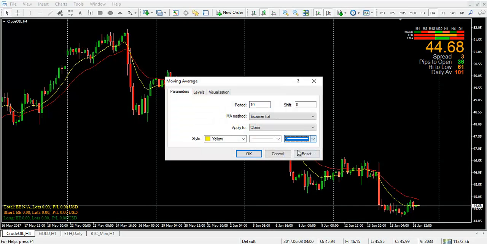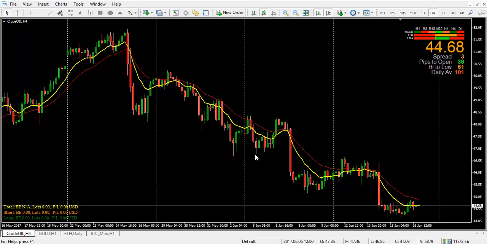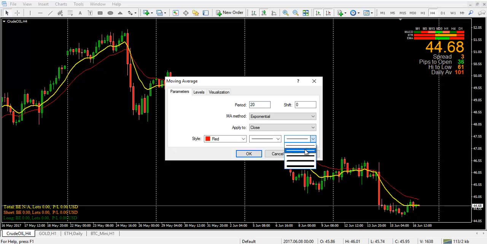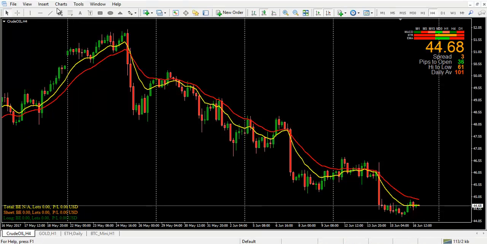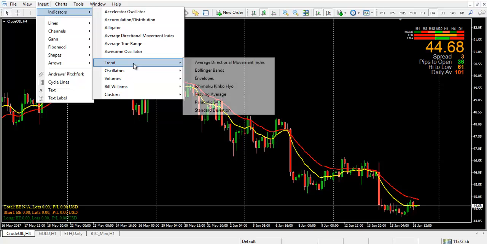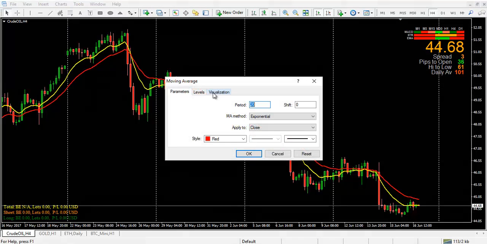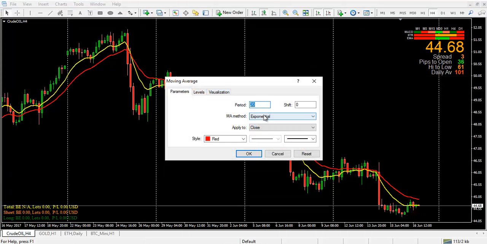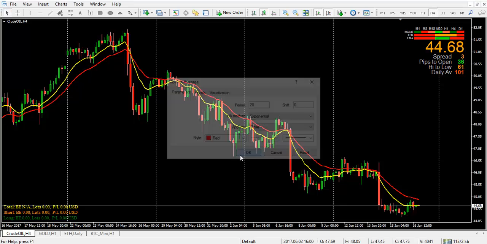Let us make it a little bit dark. Okay, same goes for 20 moving average. Same way, you go to insert, indicators, trend, moving average, select period 20, MA method is exponential, apply to close, keep the thickness to the second level.